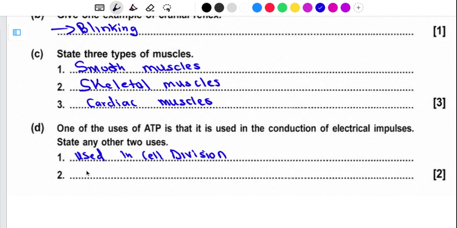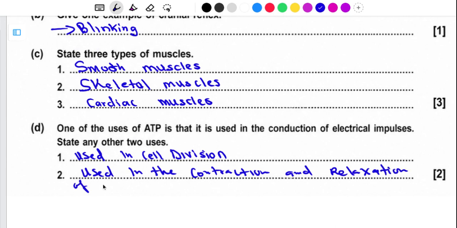Then apart from that one, we can also say used in the contraction and relaxation of muscles, or we can say of skeletal muscles.